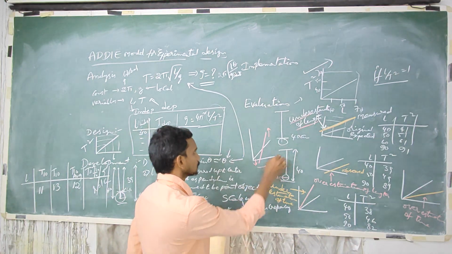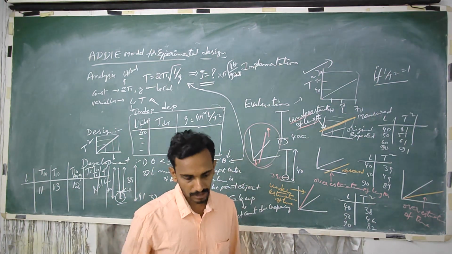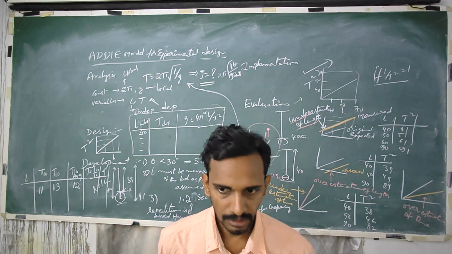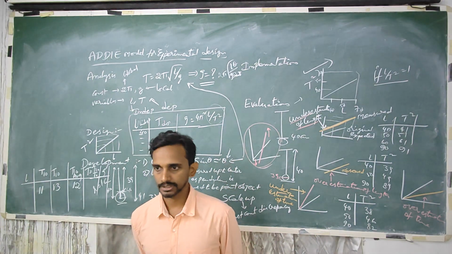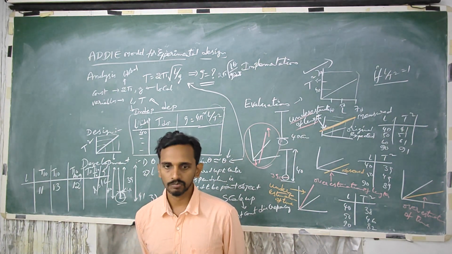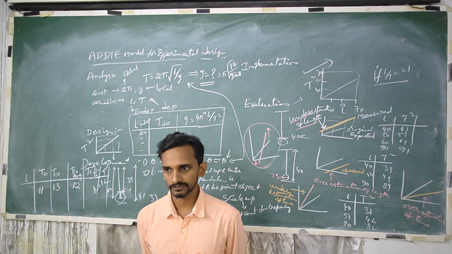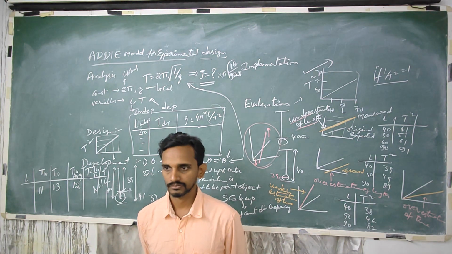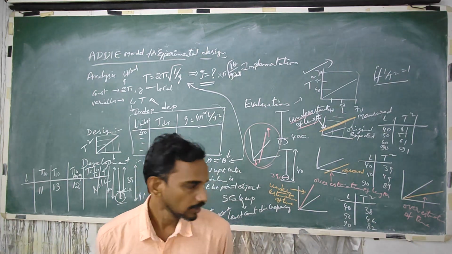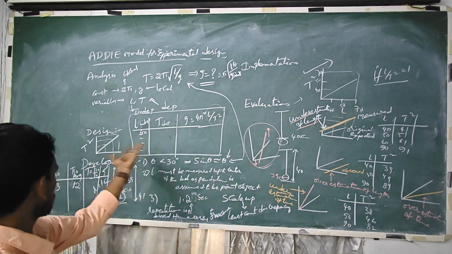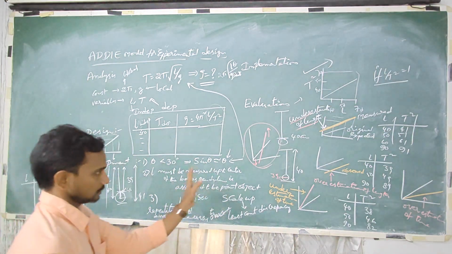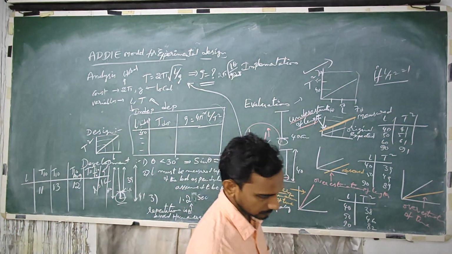So like that, just by seeing the graph, you can understand what the possible mistakes are, and how to avoid them can be identified from the graph. So from there you can calculate L by T square and get the value of g.